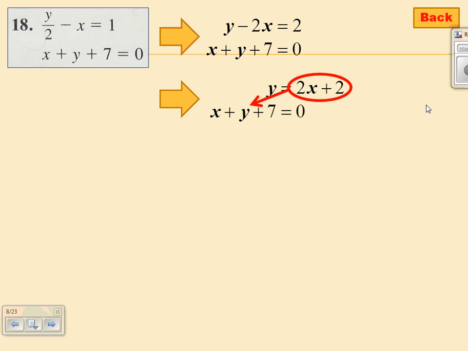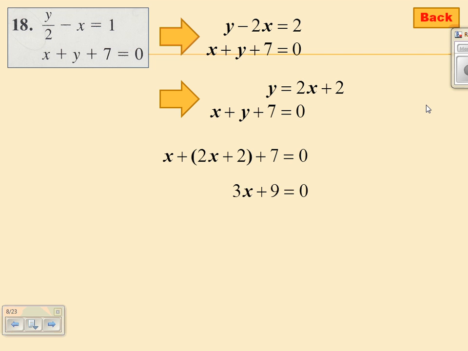I will then substitute in 2x plus 2 into y in the bottom equation. And therefore I get x plus 2x plus 2 plus 7 equals 0. I then simplify the left-hand side. Subtract both sides by 9.